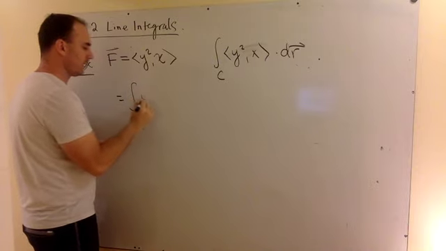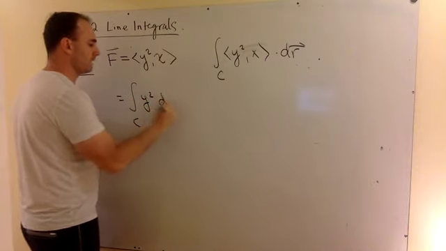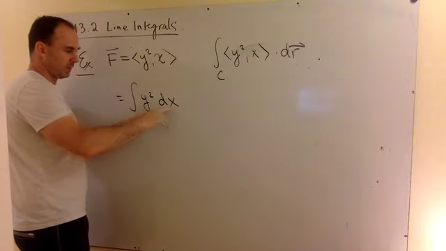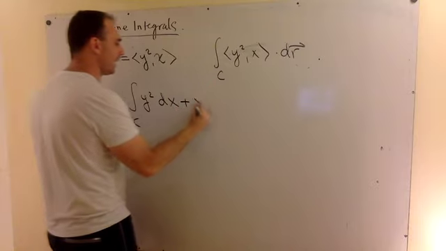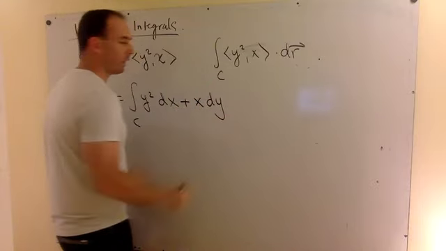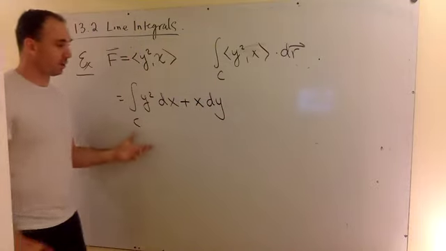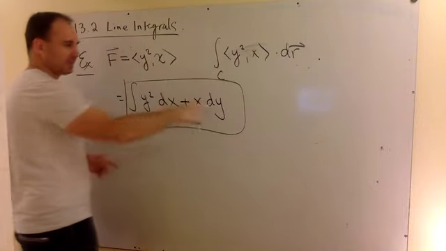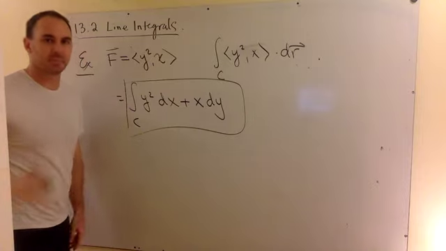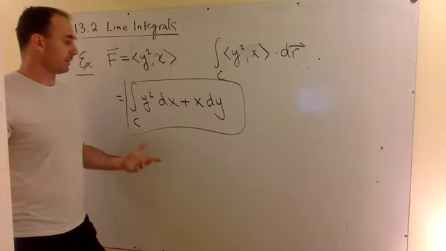You write y squared dx, you're looking at y hitting the change in x, and you write x dy. And so you'll see the homework full of these weird little things. It's kind of weird, right? You've got dx and dy, but that's the way we do it.